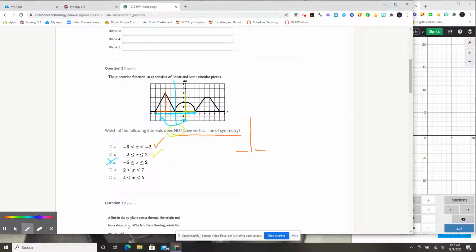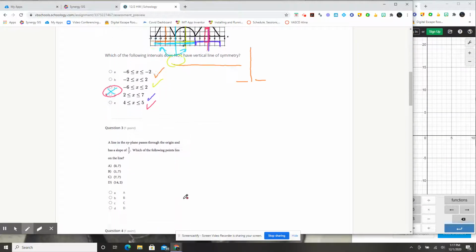Between 2 and 7, that whole isosceles trapezoid can be divided in half vertically, so that one works. And then between 4 and 5 is this little rectangle right here that can definitely be sliced in half, so that one works. I think the only one that doesn't work is that -6 to 2.